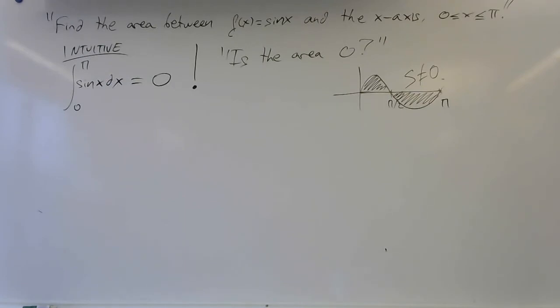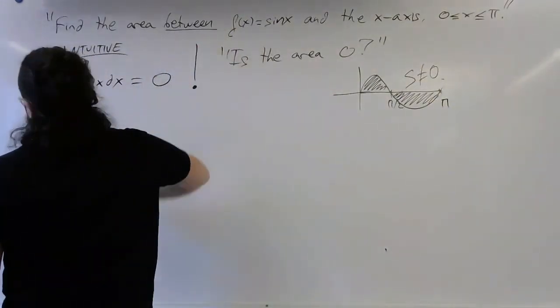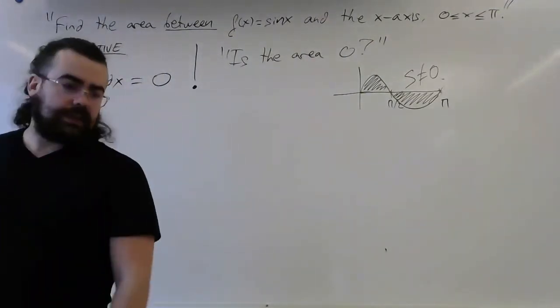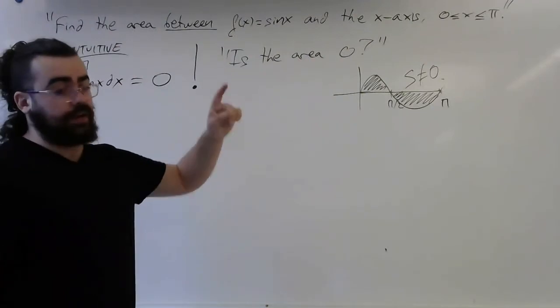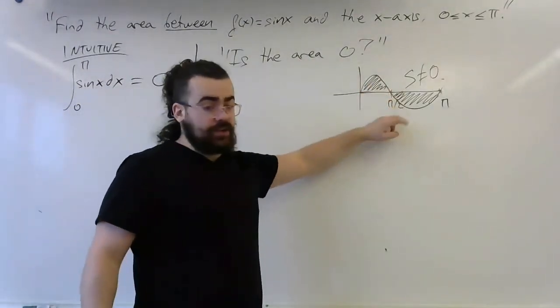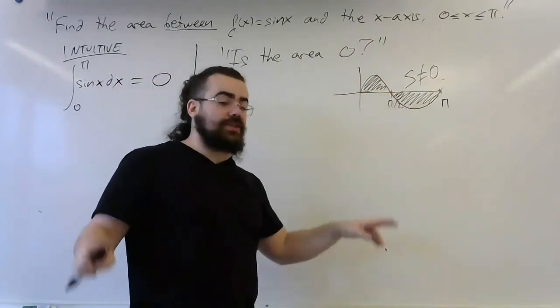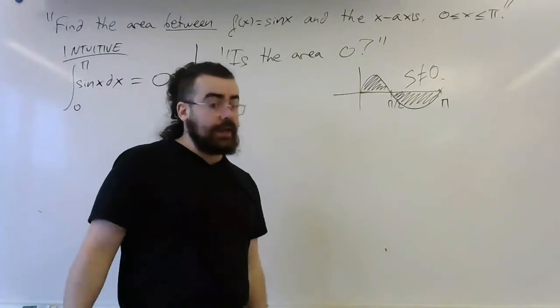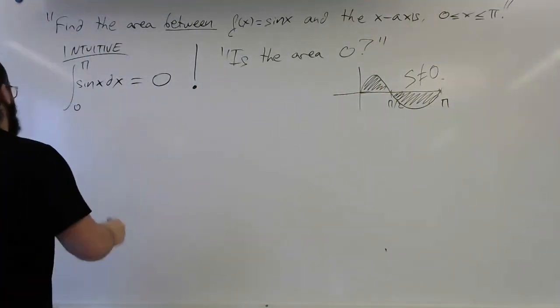And now is when you look at the phrasing of the problem. Riemann integral only accounts for the area above the curve. What is happening here is that this area is considered positive, and this area, since it's below the axis, is considered negative. How do we fix that? We fix it in the following way.